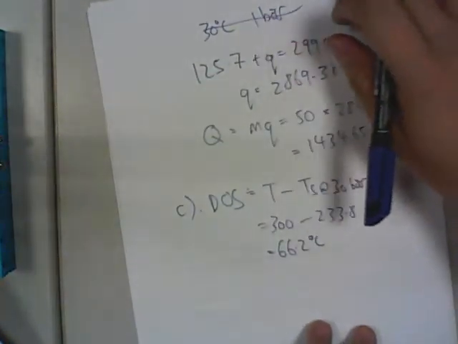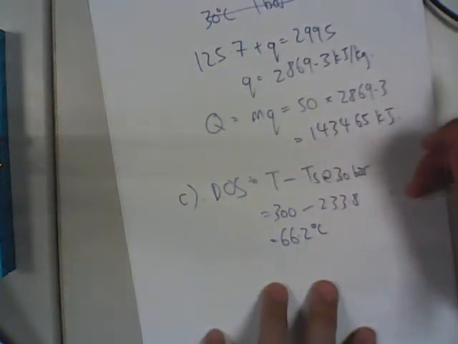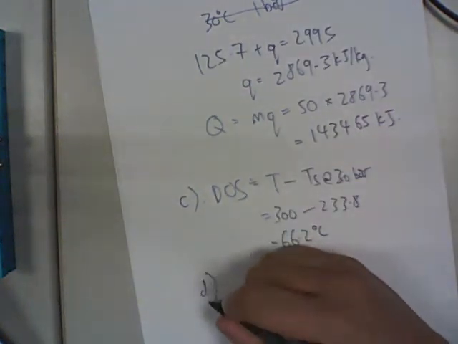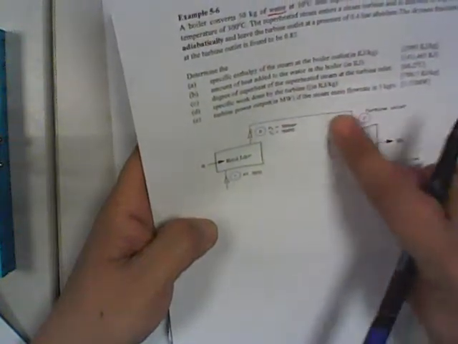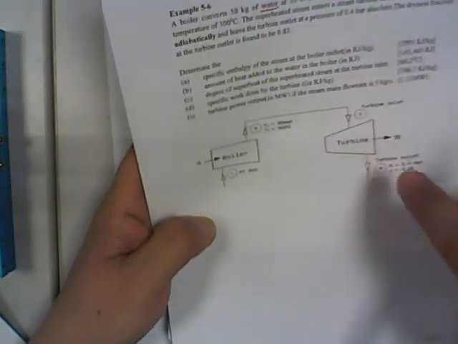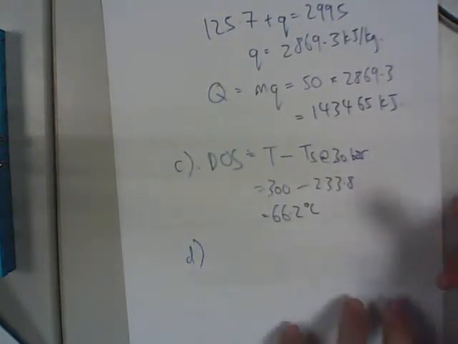Okay, so now, specific work done by the turbine. So now we are looking at the other process already. Okay, so now instead of looking at the boiler, we now look at the turbine. So from point 3 inlet to point 4 outlet. Alright, so your equation will then be different.